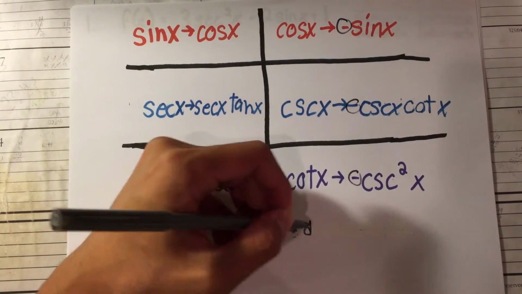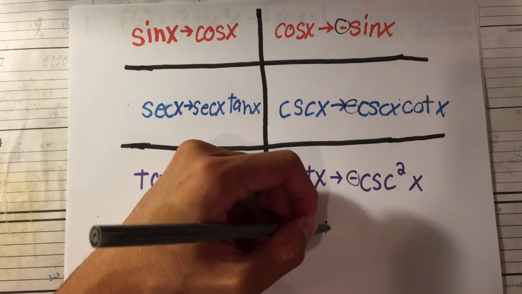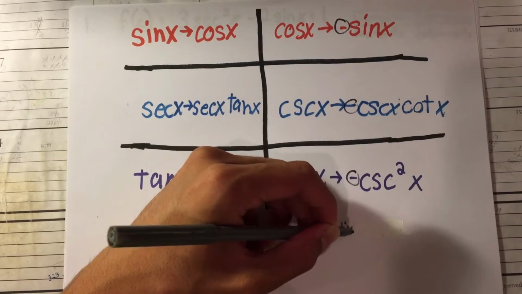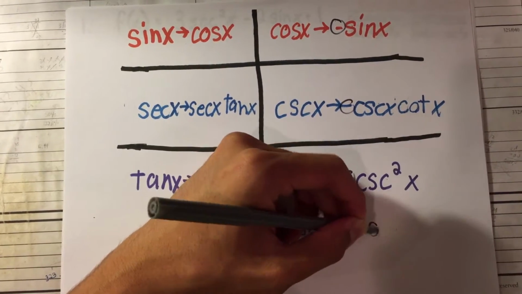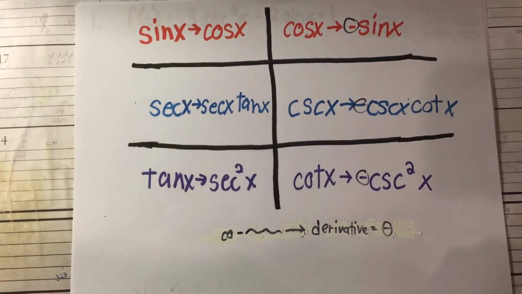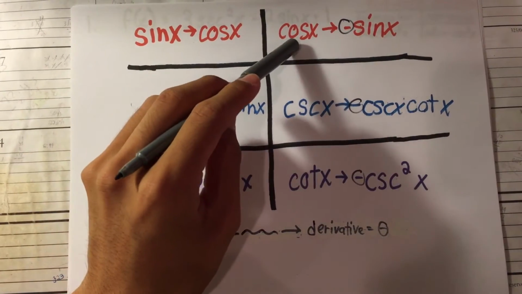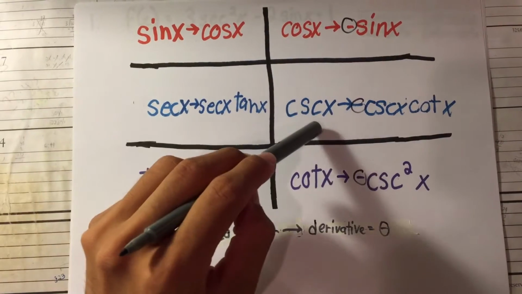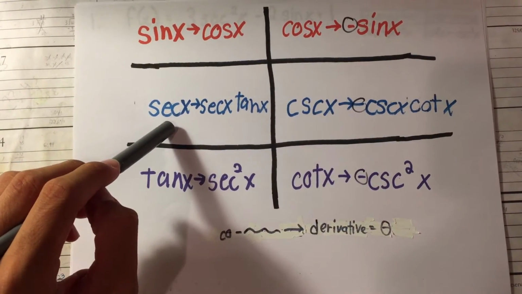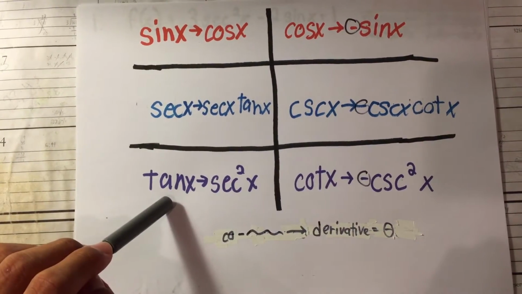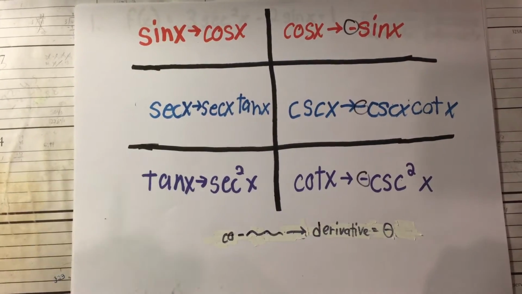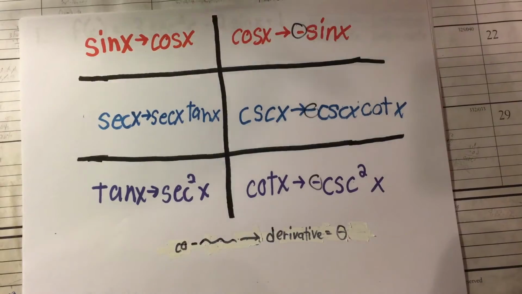By combining this pattern of the negative sign, so that cosine, some kind of function, leads to a derivative that is negative, and the fact that we know what the opposite functions are, which is cosine is opposite of sine, cosecant is opposite of secant, and cotangent is opposite of tangent, we can easily memorize the derivatives of trig functions.